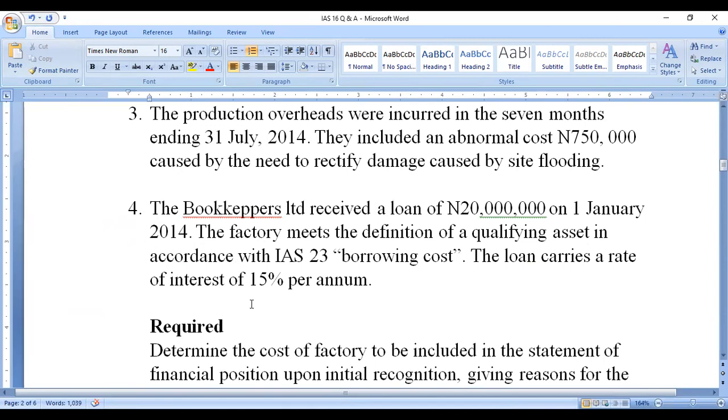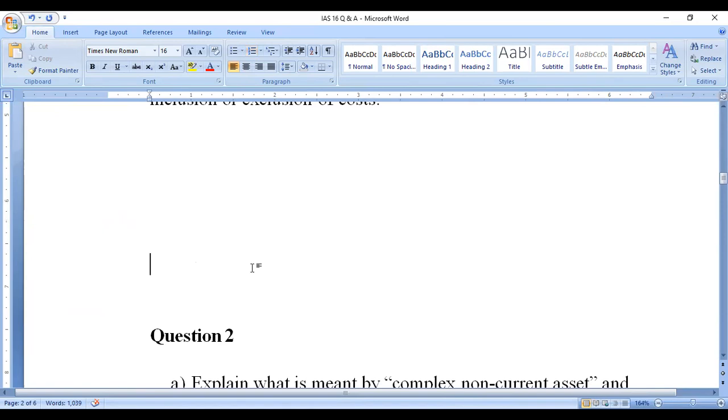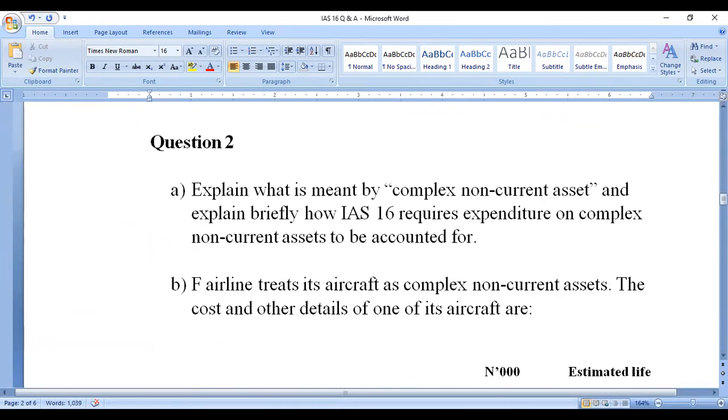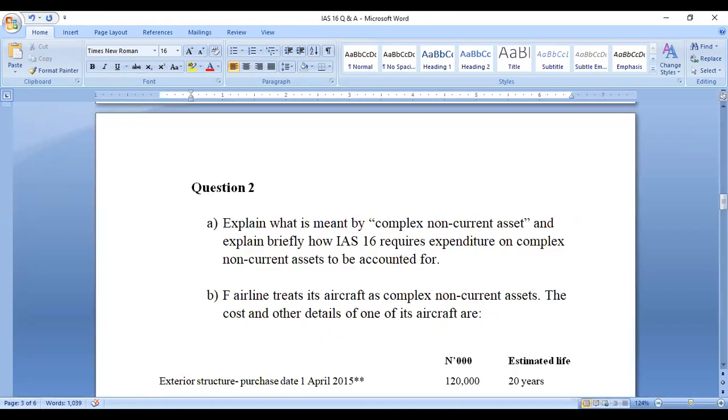Okay, so let's move to the second question. Please, if you are not asking any question or talking, please always stay muted.